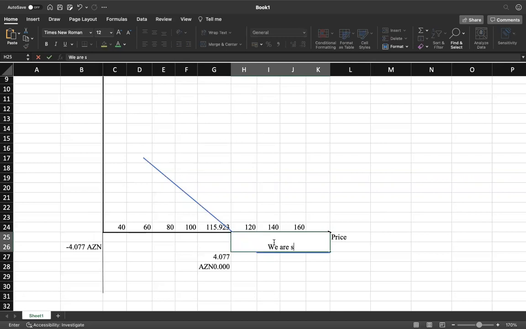We are still in loss if share price is more than 115.923 ASEAN.